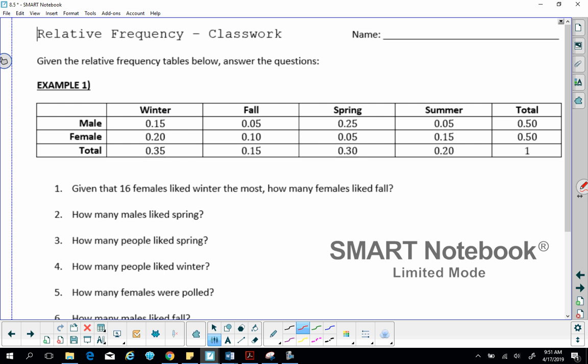So I know there are 16 females that like winter the most. What decimal is that? 0.20. And so I know if there's 16 females that like winter the most, what do I need to do with those two numbers to find my total people? What did we do with the first one last time?